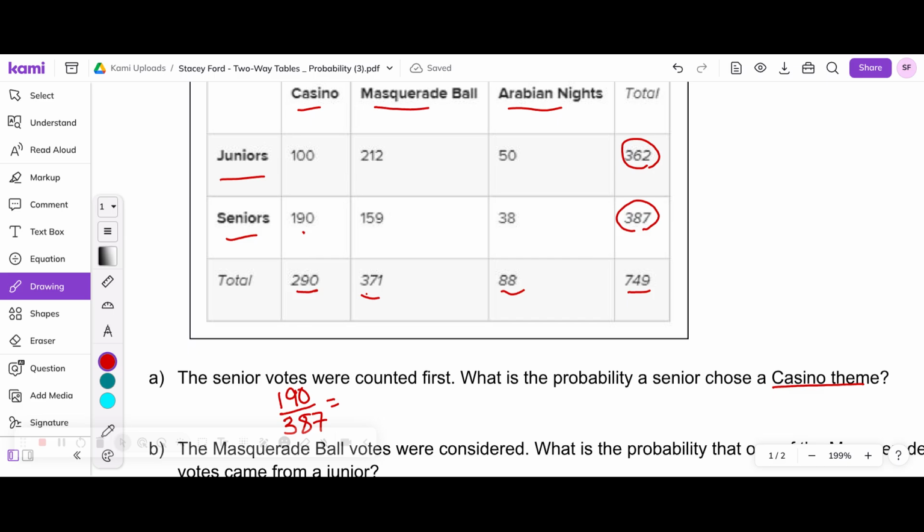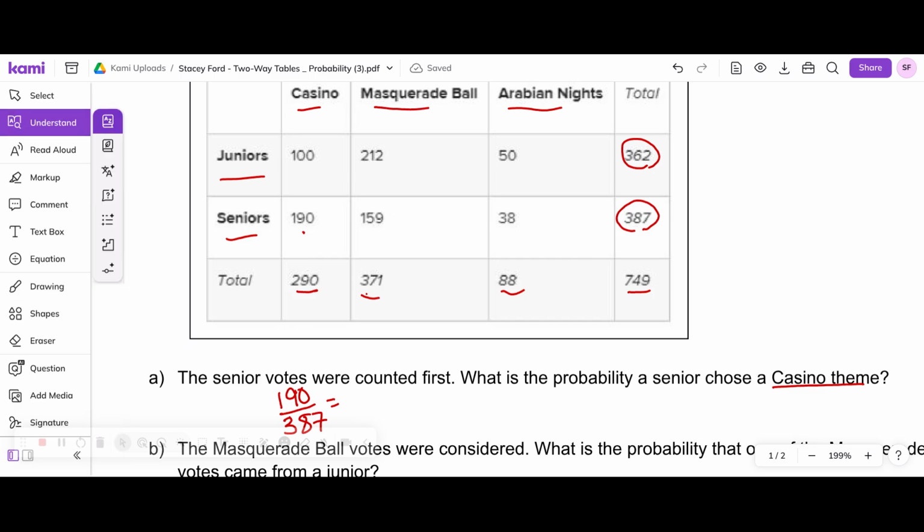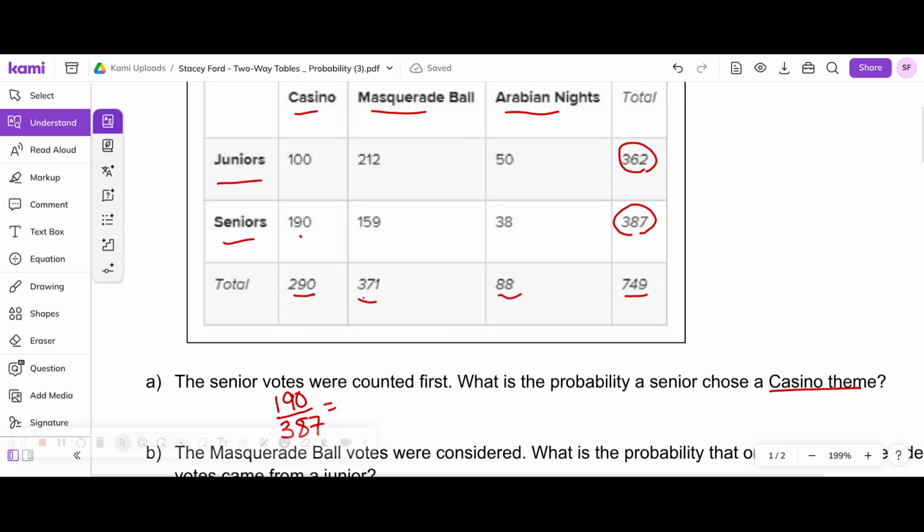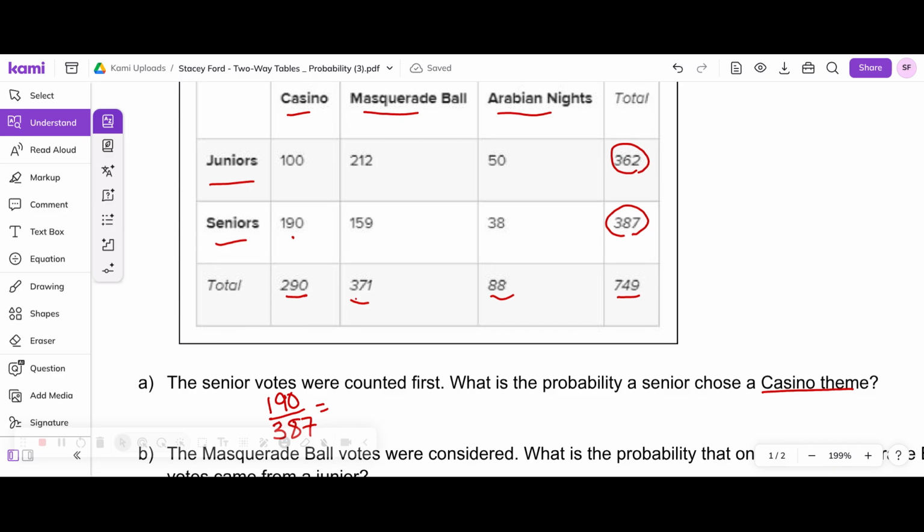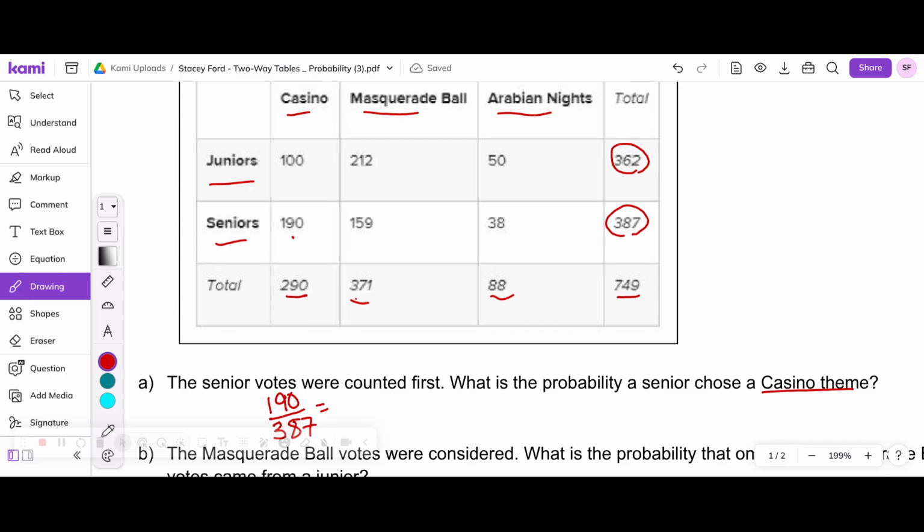And then remember, you've been practicing this with Miss Messina. You're going to take your handy dandy calculator out. You're going to divide it. And then we get 0.49.